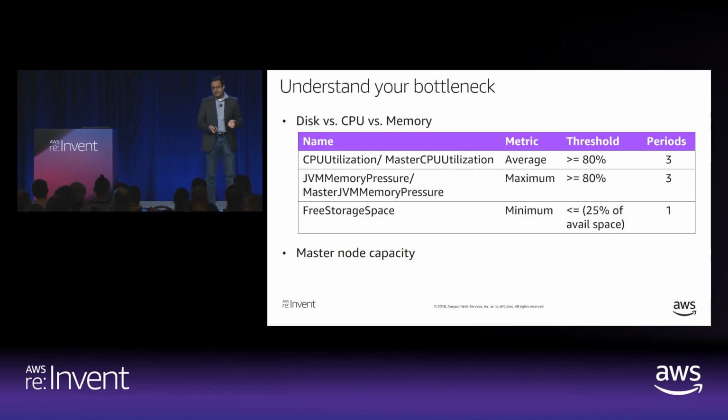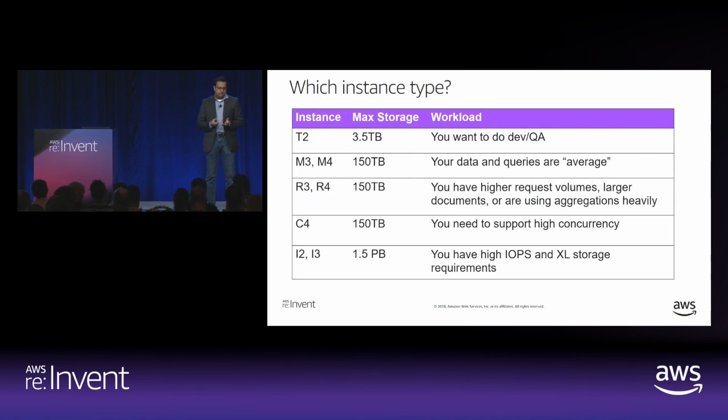There are a number of instance types that Amazon Elasticsearch Service supports. You could use the T2 instances for dev test workloads. It's not meant for production level scale. You could use the M kind of workloads for general purpose scenarios where you don't have that heavy querying or that heavy indexing. You use the R series, which is very memory optimized, when you have memory intensive workloads, especially if you have very high query rates, immense aggregations, or complicated queries.